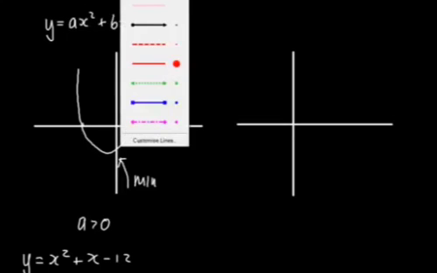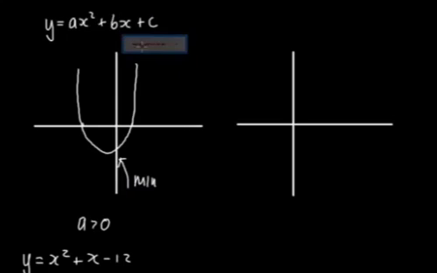We would now have an axis of symmetry, and that would be a line. So the minimum point's just here, and an axis of symmetry. We would have a point of intersection with the y-axis, that's when x is 0, and up to 2 points where the curve meets the x-axis, and that's where y is equal to 0.